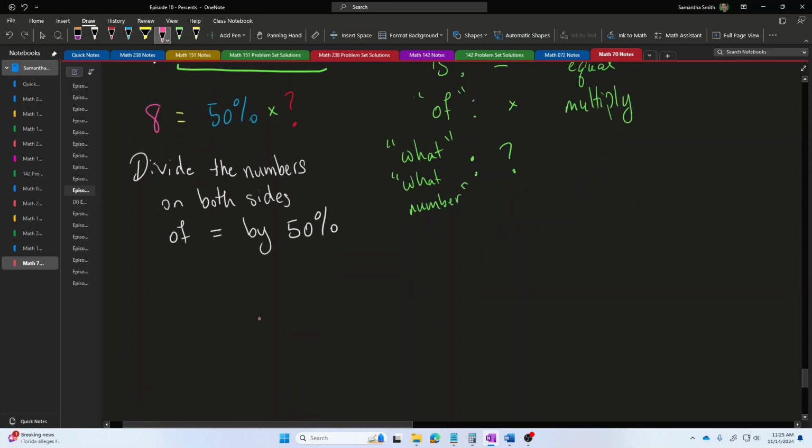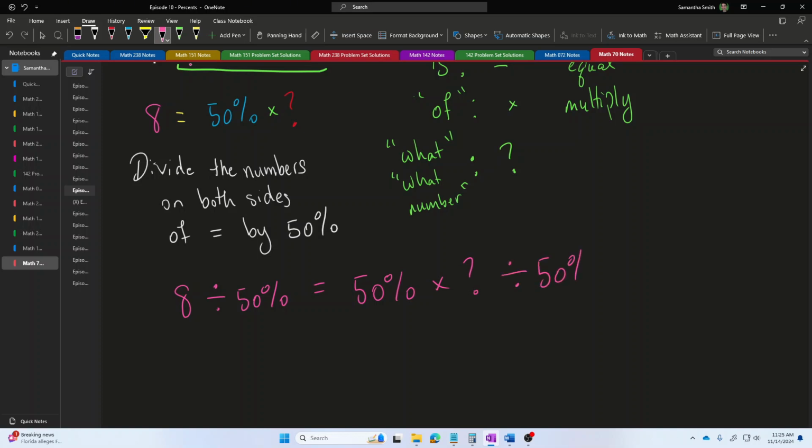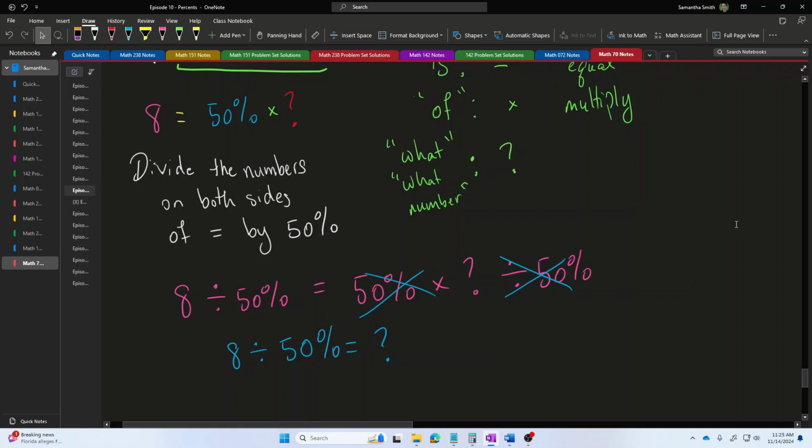So if I do that, now on the left side I have 8 divided by 50%. On the right side I have 50% times question mark divided by 50%. And now that I have both multiplied and divided by 50%, those two actions cancel each other out. And I'm just left with the unknown number, question mark, equals 8 divided by 50%.